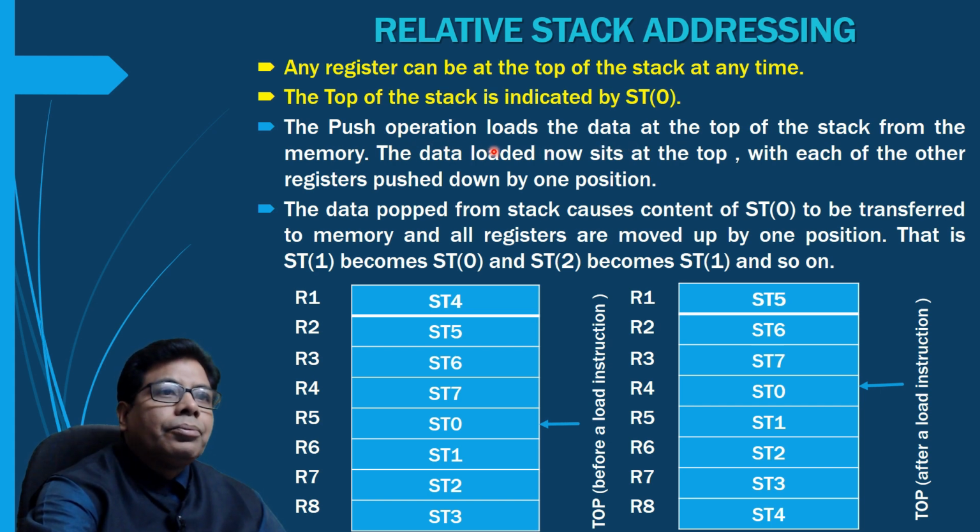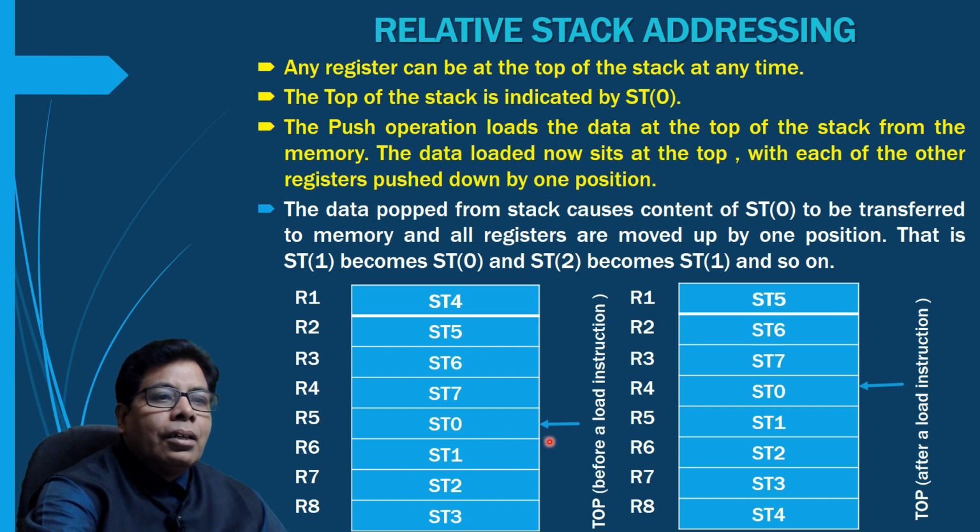So the push operation loads the data at the top of the stack from the memory, and the data loaded now sits at the top with each of the other registers pushed down by one position. So now here we are shown the top before the load instruction. It will point to ST0 always, top of the stack, but it is actually the R5 register.